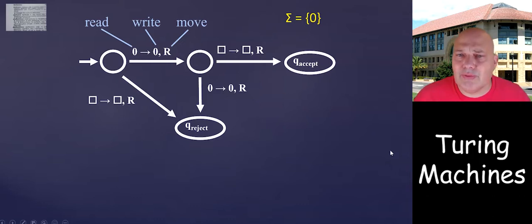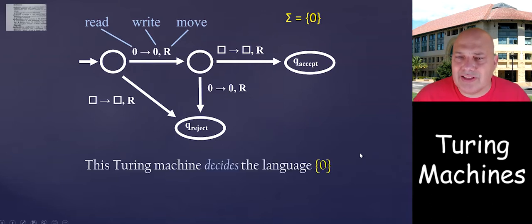So what language is captured here? The language that is decided here is the language that contains 0. And let's see what happens. So only the string that is composed of a single 0. Because when you read 0, you move here. And now if you see the empty cell, meaning that the input has ended, then you move to accept, and immediately accept.